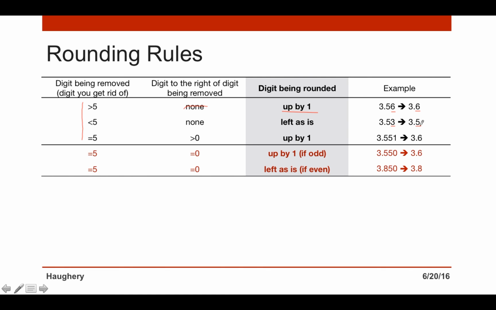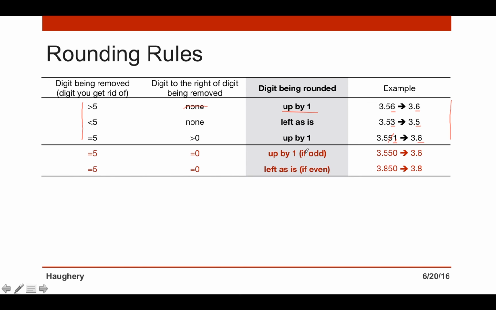It just stays. So this is like the round up rule. If it's equal to 5 and the number after 5 is greater than 0, we round up, right? So we want to round this away, get rid of that. This number is greater than 0, so we round up by 1. Okay, so those should be fairly familiar to most of us.